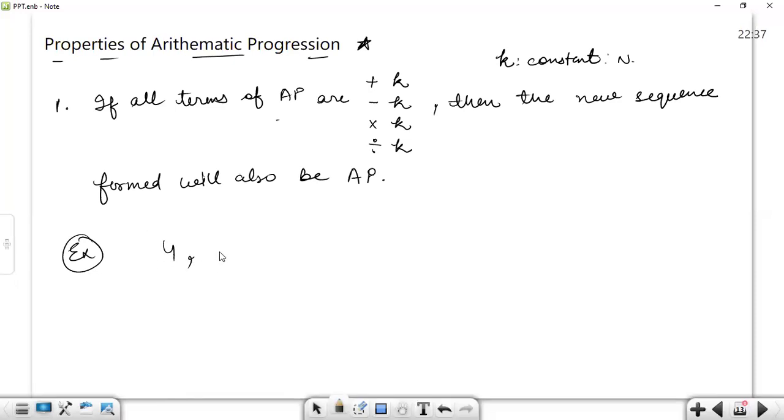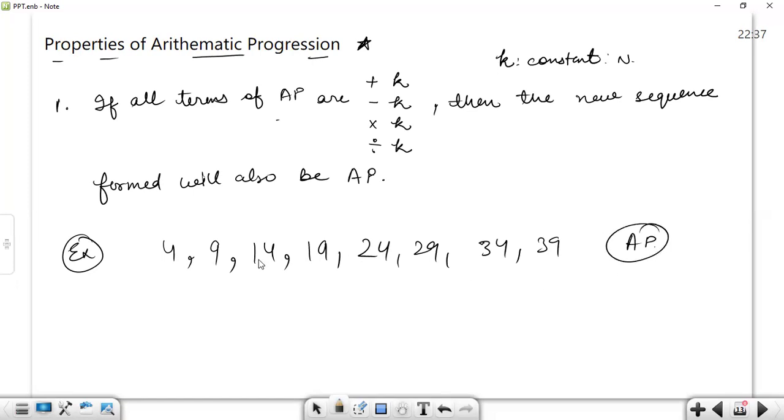Let's say 4, 9, 14, 19, 24, 29, 34, 39. We know this is an AP having a common difference of 5. If we subtract 4 from every term of this AP, the new sequence will become 0, 5, 10, 15, 20, 25, 30, 35.